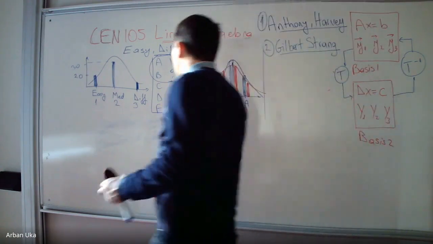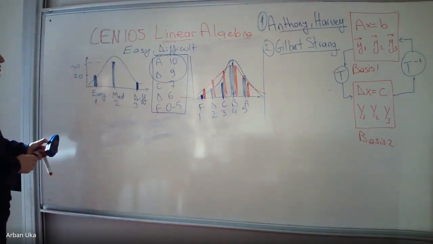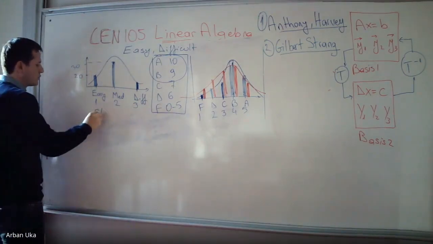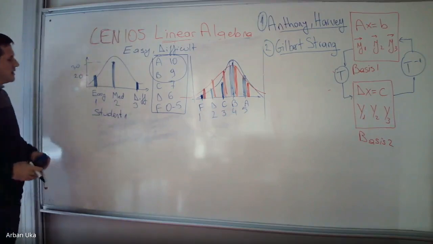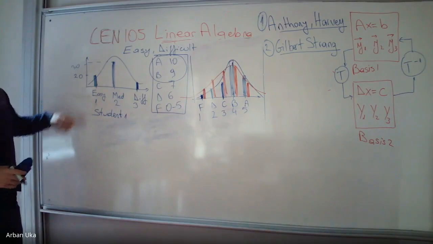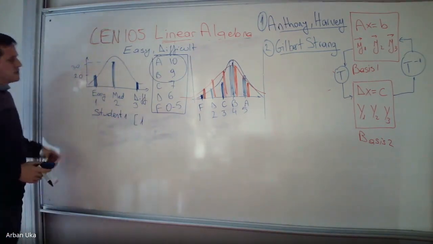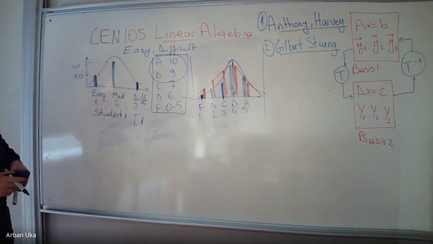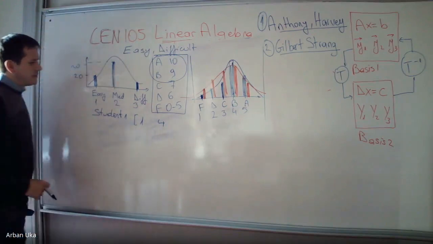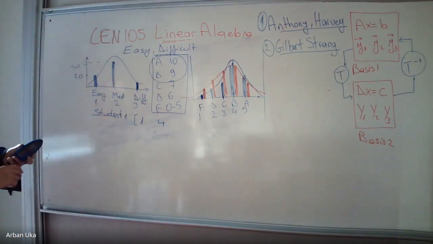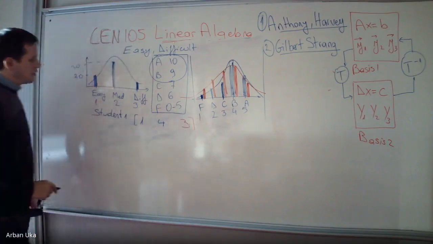But then, if you want to compare two students, let's consider this is student 1. Student 1 had an expectation of linear algebra of being easy. So then here we have a vector 1. Student 1 also was expecting to get a B, which gets a score of 4, but in the end got a grade of C, which we're writing here as 3, because in red we wrote down the final grade.